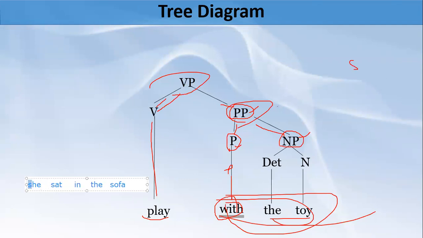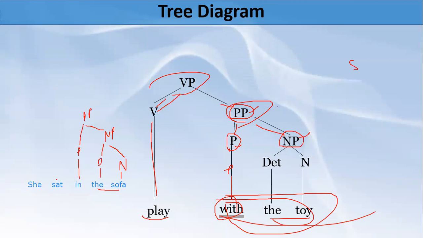Forget about capitalization, let's focus on the tree diagram only. The sofa: we have a noun here and a determiner. So a determiner and a noun combined make a noun phrase. Then we have in the sofa. In is a preposition. When this preposition and this noun phrase are combined together, we have a prepositional phrase.